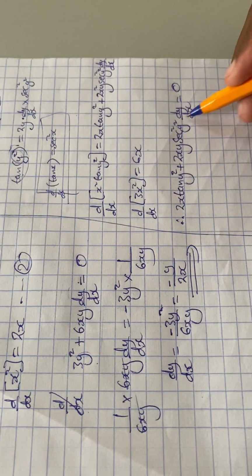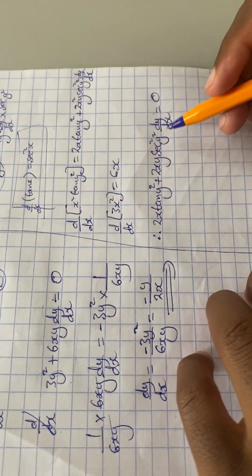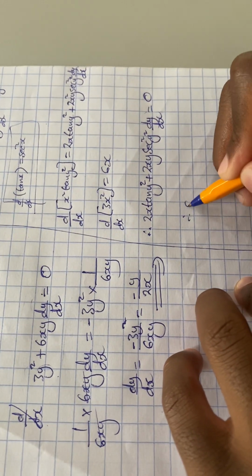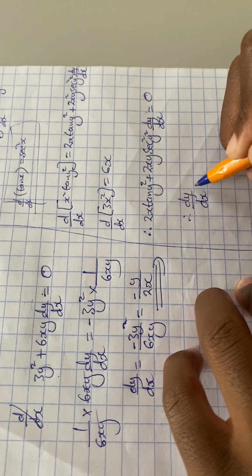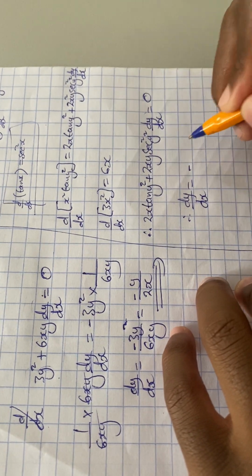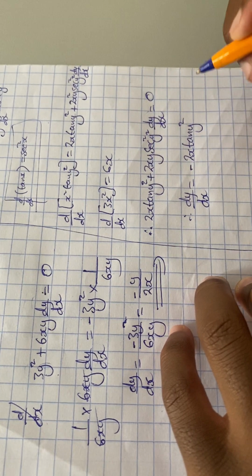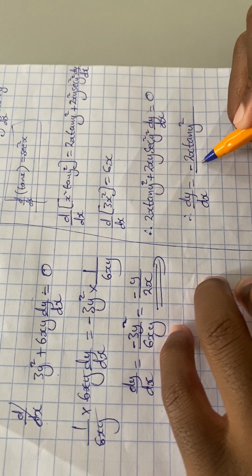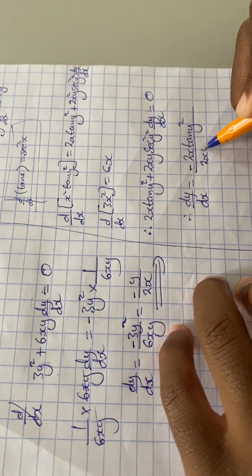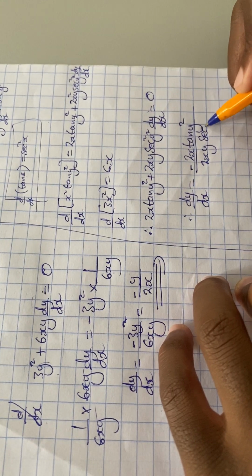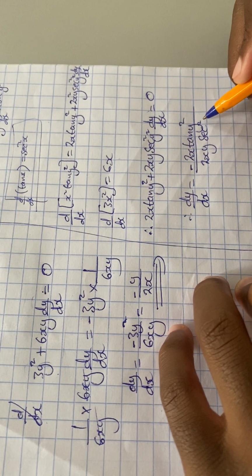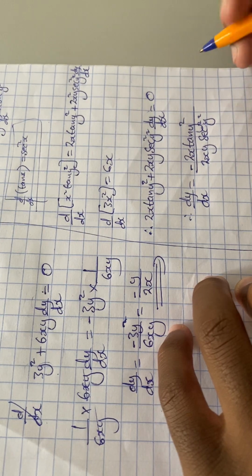Now you just make dy dx the subject of the formula from here. Therefore, dy dx is equal to minus 2x tan y squared all over 2xy sec squared y squared.